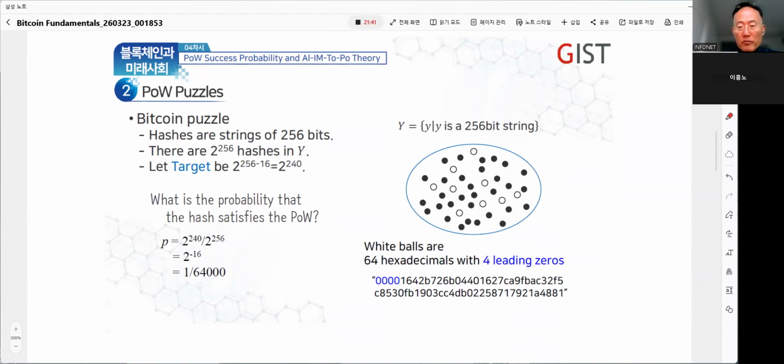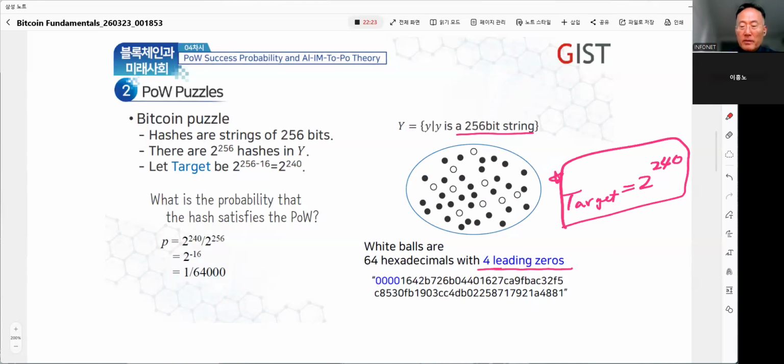In this set, which is 256-bit strings, there are white balls and black balls. White balls are 64 hexadecimals with 4 leading zeros. So this is a number smaller than a target, right? The target here, with 4 leading zeros in hexadecimal, we can set it to be 2 to the 240.